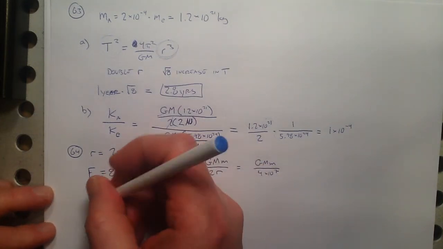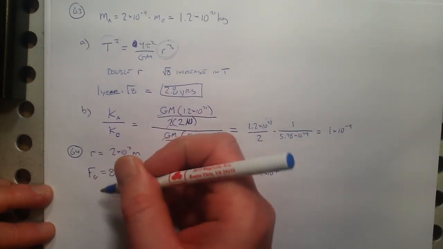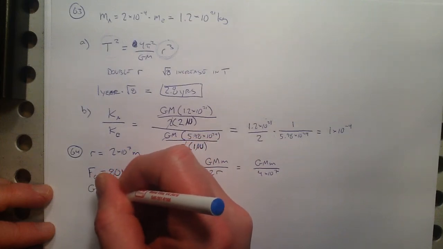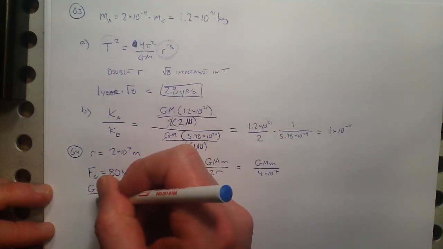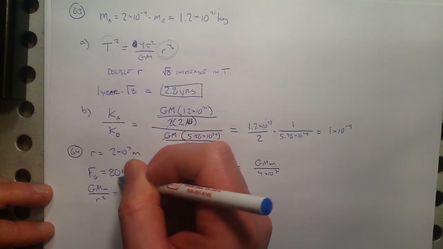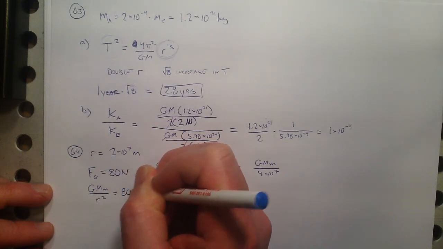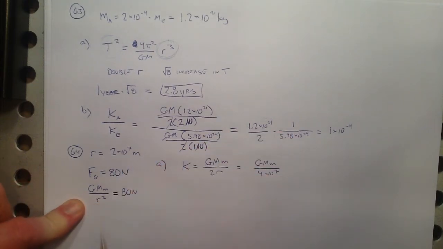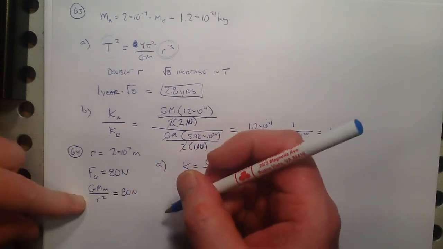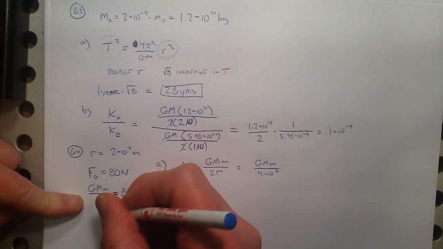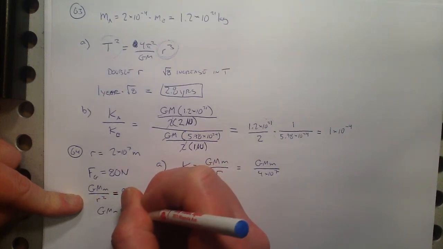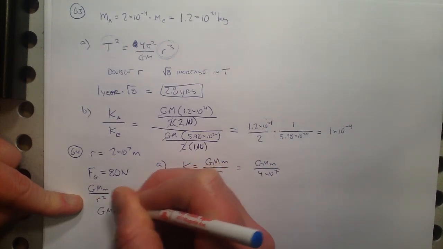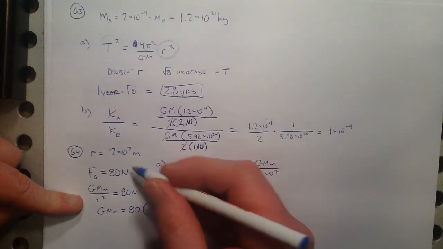But I also know that universal gravitational force is equal to GMM over R squared, and they told me that's 80 newtons. And I know what the R is. So that means GMM is equal to 80 times R squared.